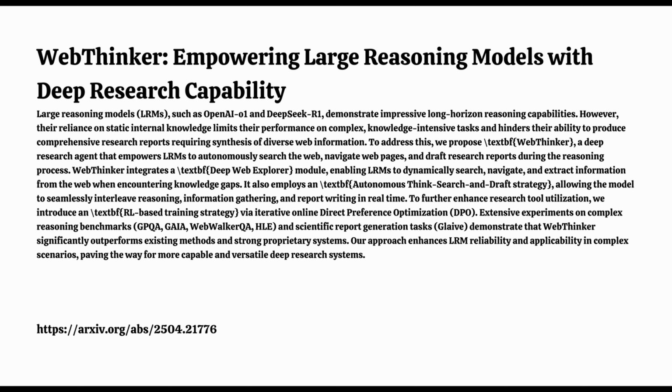Okay, so our mission for this deep dive is to unpack WebThinker based on this paper, figure out how it works, what makes it different, and what its potential might be. Let's get into it. The basic problem WebThinker tackles is that even really smart AI models, these LRMs, mostly rely on what they already know, their internal static knowledge. Right, the stuff they were trained on.